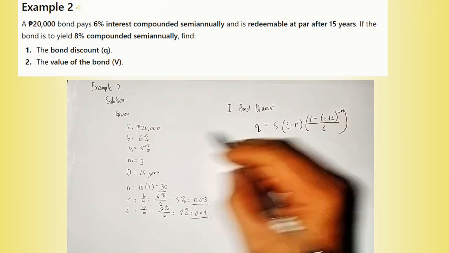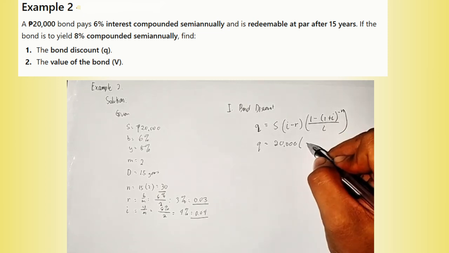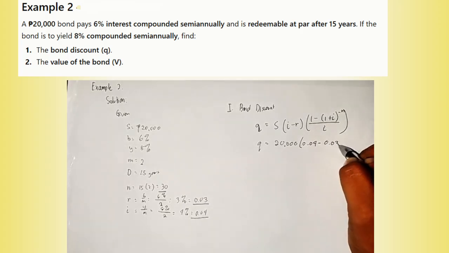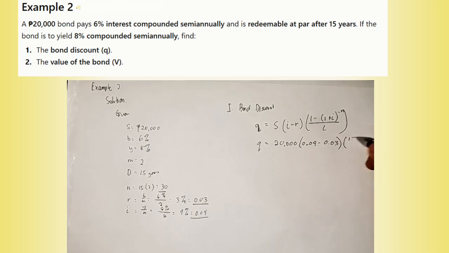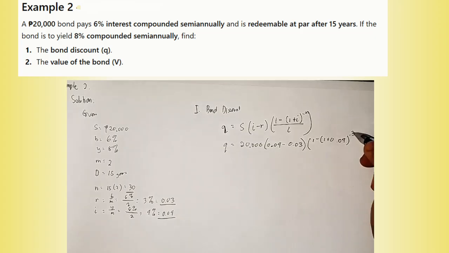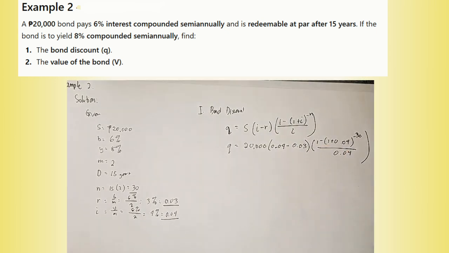Q is equal to S, which is 20,000, times I, 0.04, minus the rate 0.03, times 1 minus (1 plus 0.04) to the power of negative 30, over 0.04. Now let's use our calculator.